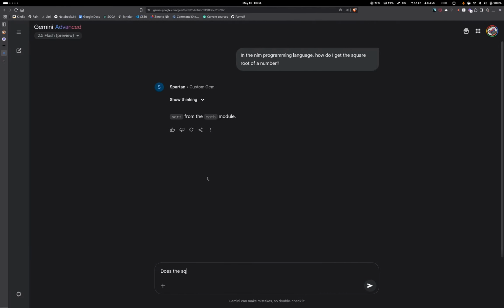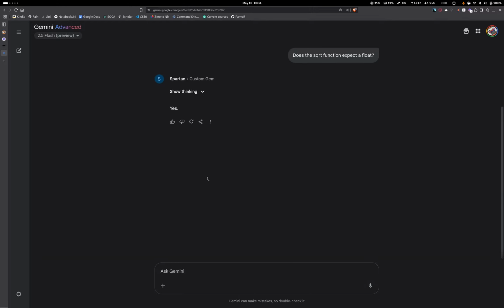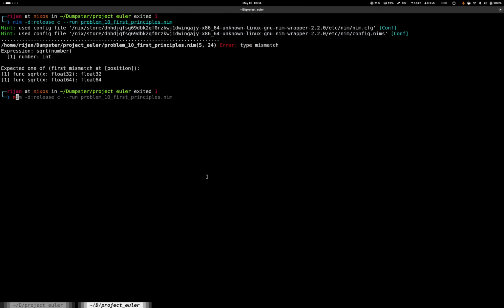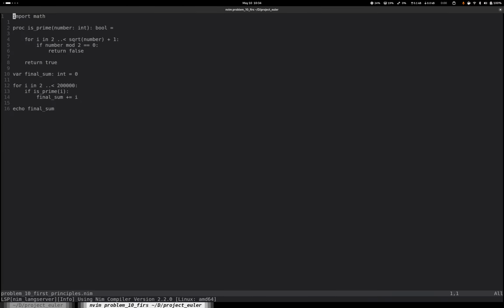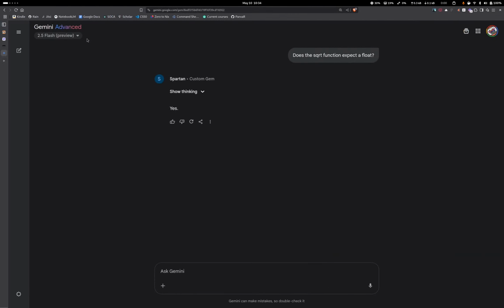Does the sqrt function expect a float? It will return a float, actually. Oh, this will return a float too. So that's right.